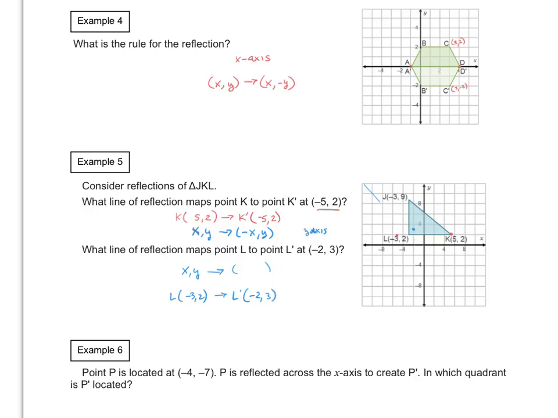So what changed? My x and y values changed. This is my x and y, this is my x and y. So my x and y's switched, and they also both changed sign, positive to negative or negative to positive, however you want to think about it. So that is the mapping rule, and it is reflecting over y equals negative x. That is the line of reflection, y equals negative x, right through here.